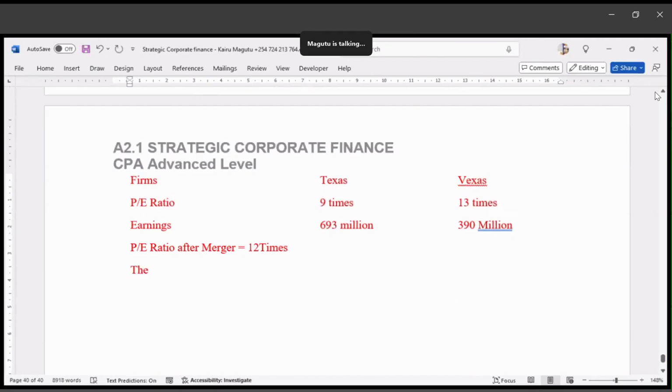The minimum that the target can accept. Because as a target you should ask yourself, to what extent can we go down on the minimum amount?